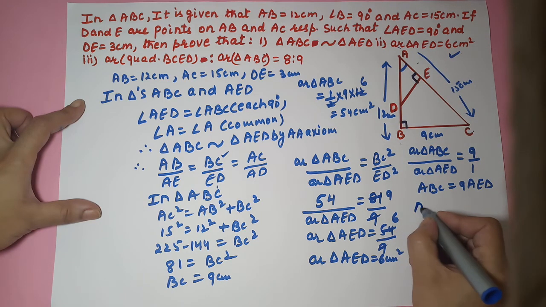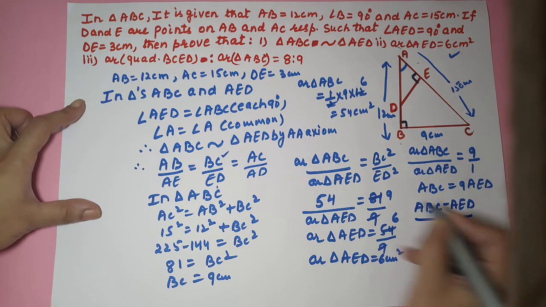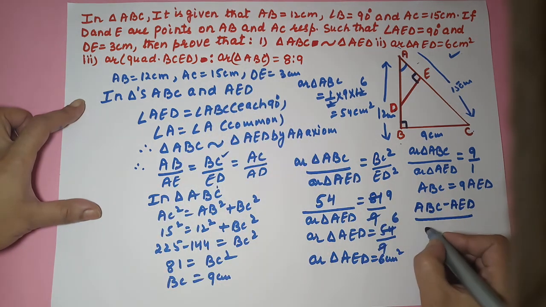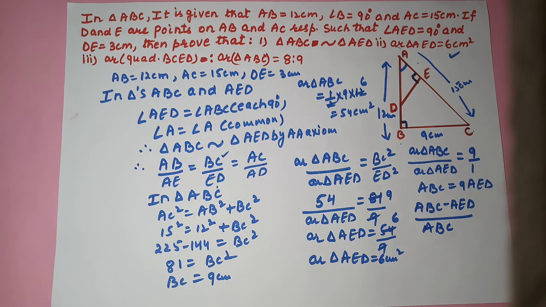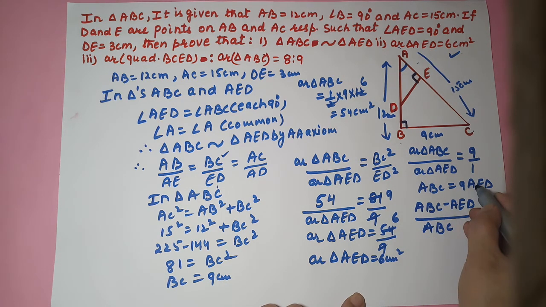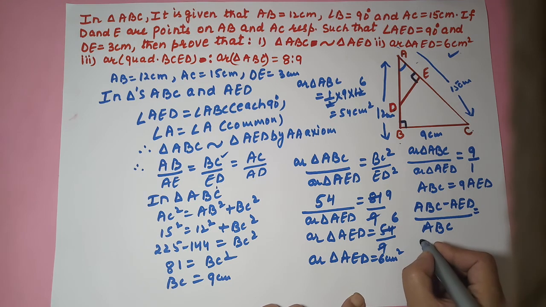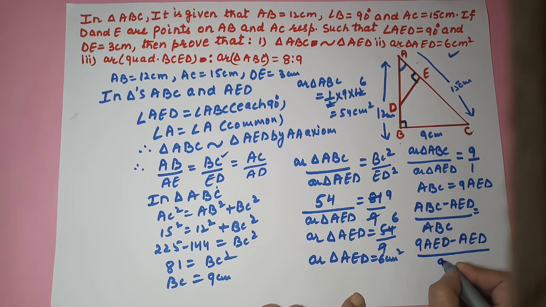So I will write ABC minus AED upon ABC, right? So this will become ABC. I will replace this ABC by 9 times AED minus AED, and in place of ABC I am writing 9 AED, right?